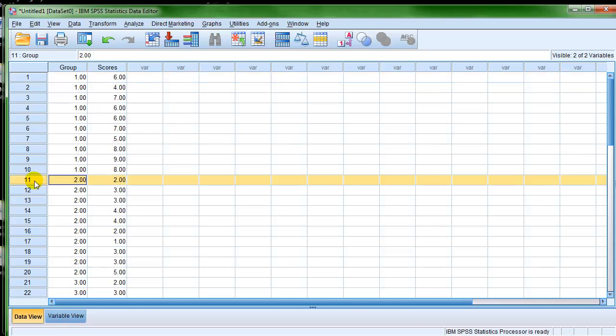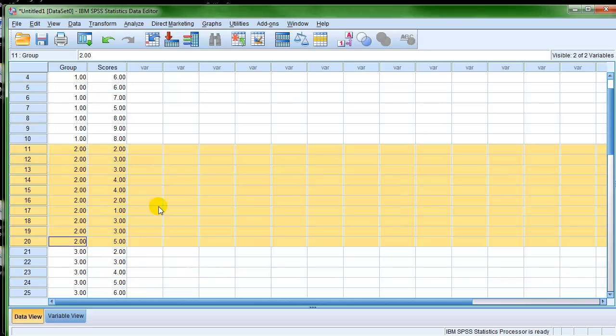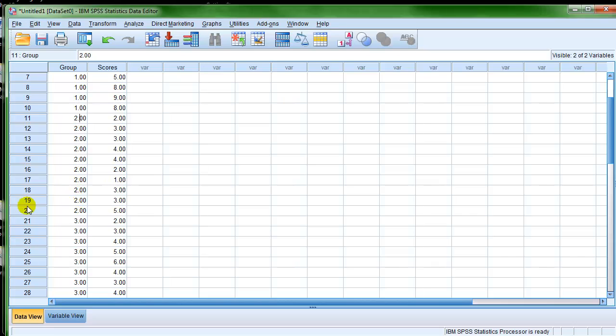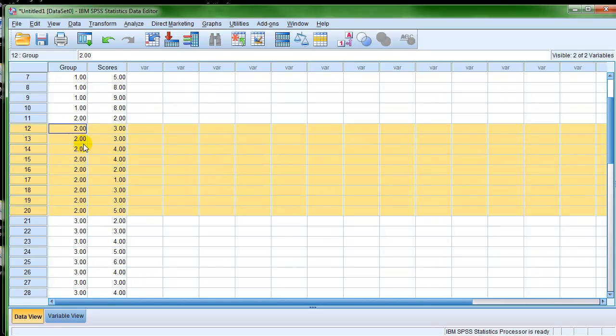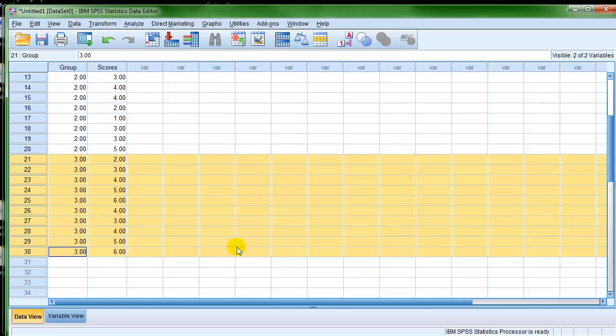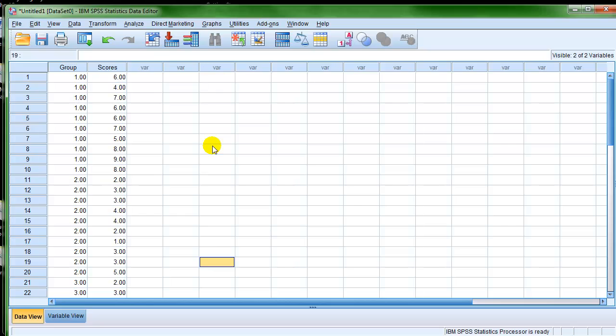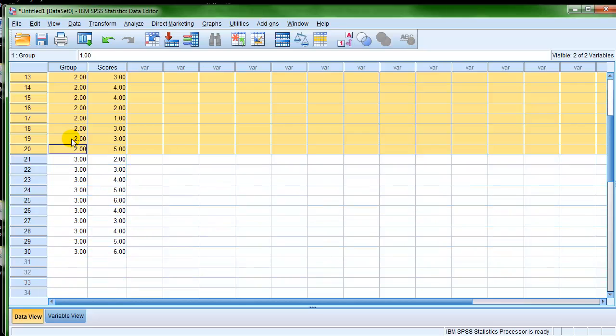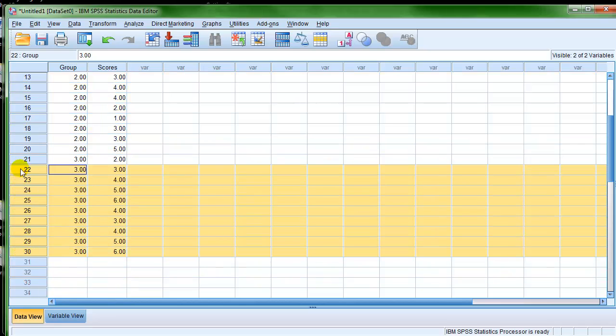Okay, same for the people who've been taking it for 6 months. Here is their grouping variable and their score, and the same for the people who've been taking the drug for 1 year, their grouping variable and the score. Okay, so again, you set it up almost exactly like you do the independent sample t-test. With that test, we only had 2 groups, so now we have 3 groups.